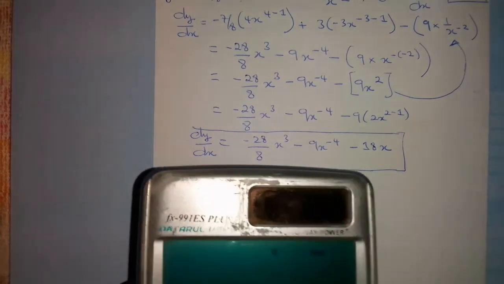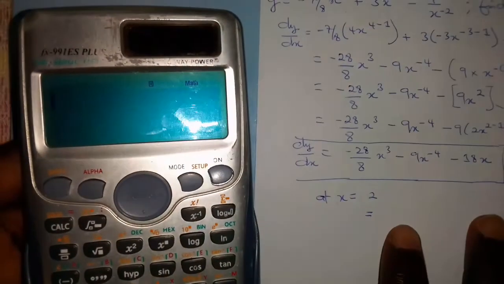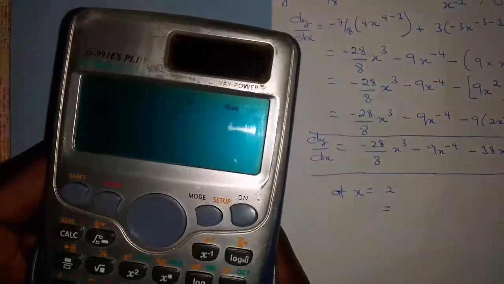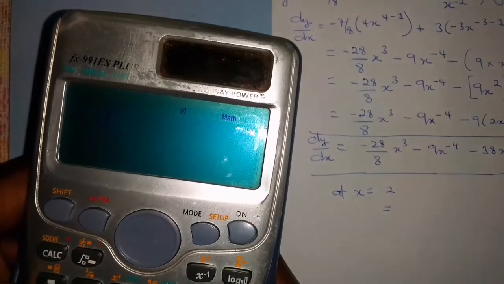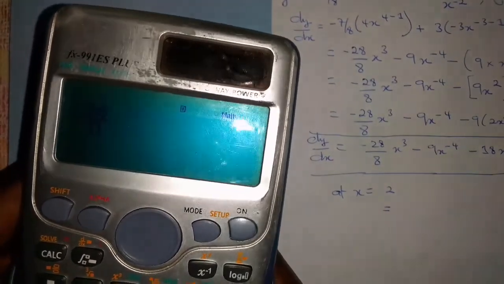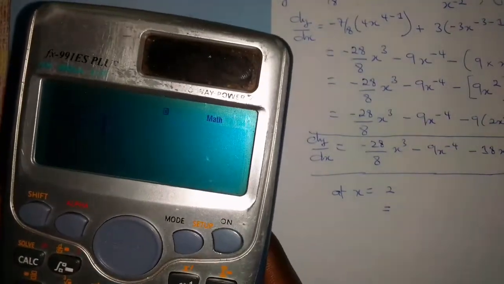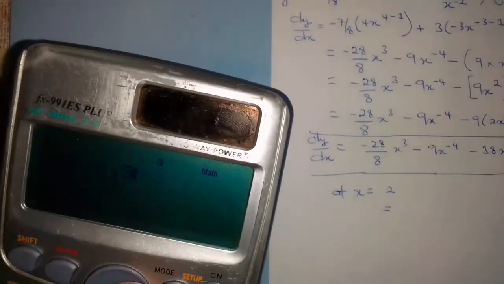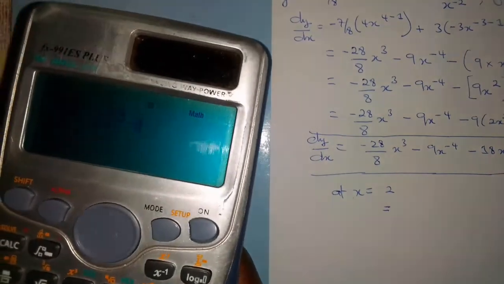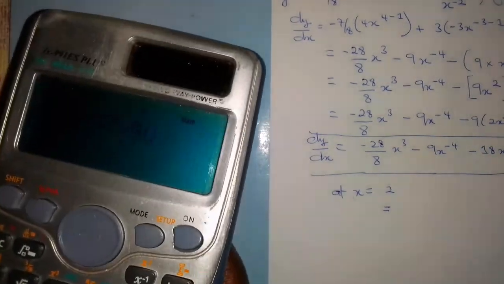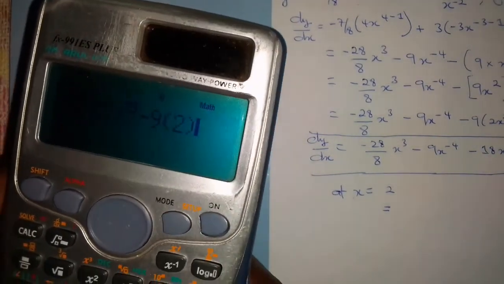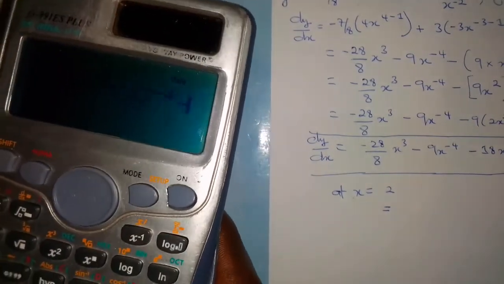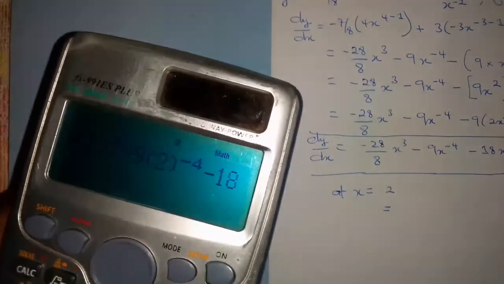If you were to do this, you'd have minus 28 over 8 into 2 raised to the power of 3, minus 9 into 2 raised to the power of minus 4. Then you have minus 18 into 2.